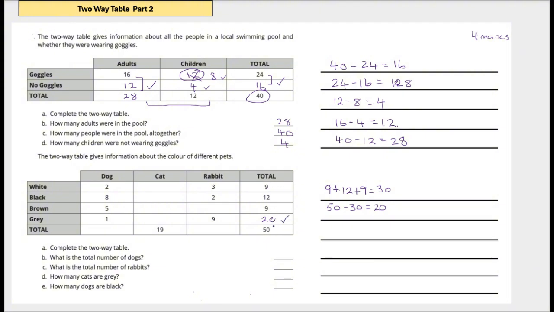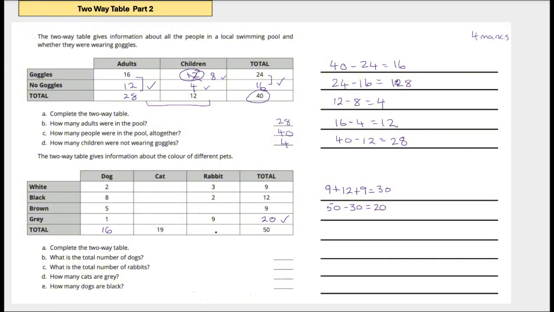Let's go for our second one. I spot this one, and I'm going to go for it second because we've only got to work out the total. That is going to be 2 plus 8 plus 5 plus 1, which gives us 16. You can see where we're heading.